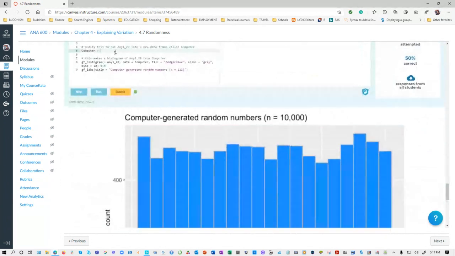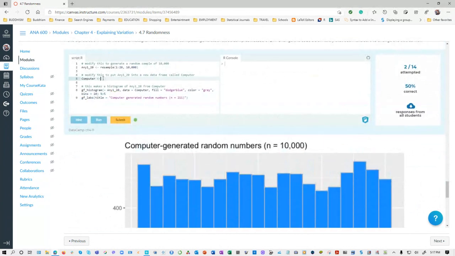Copy and paste here, Control V. Any 1 to 20, computer.